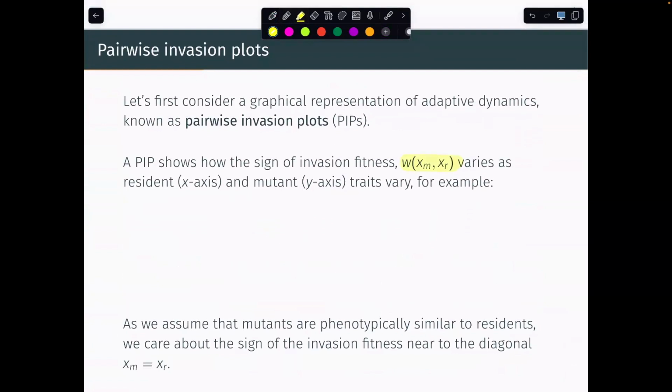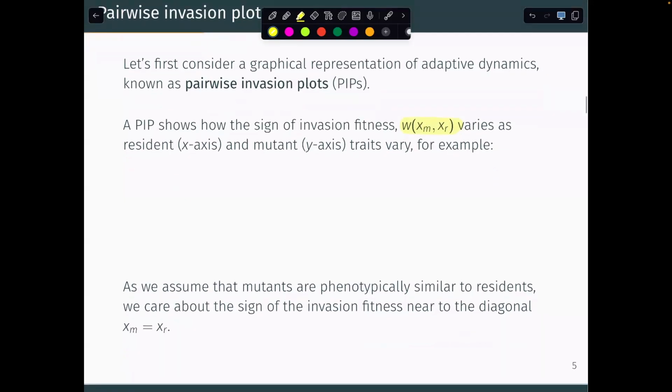You can think of these as x and y coordinates, but typically we would put our mutant trait along the vertical axis and our resident trait along the horizontal axis. So you kind of have to flip these around in your mind if you're thinking about XY coordinates. But that's all we do.